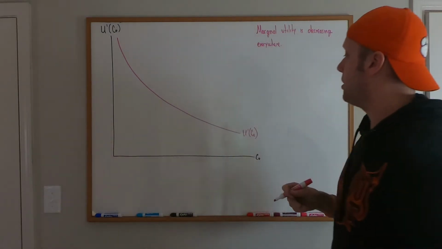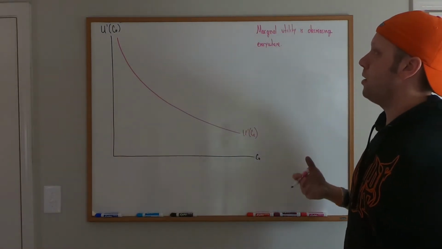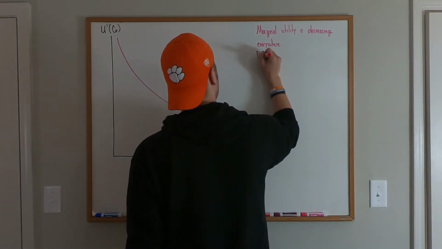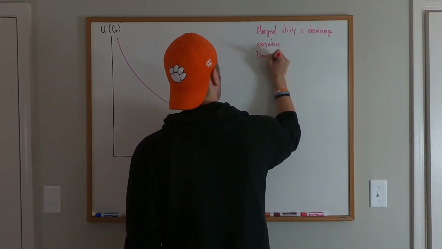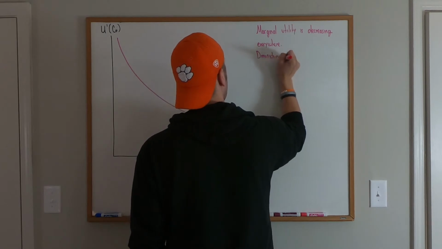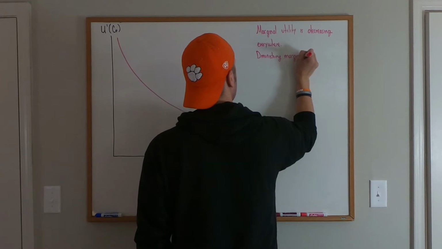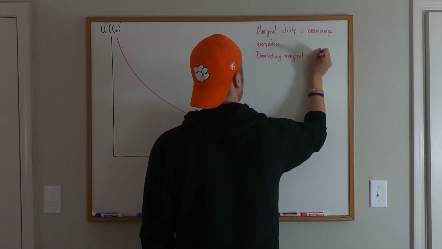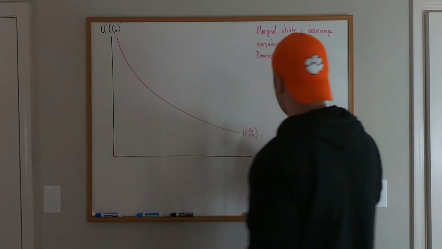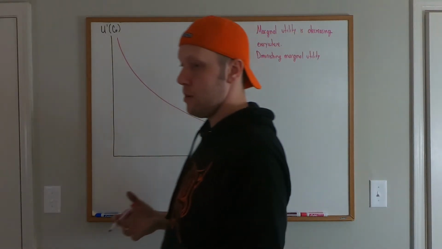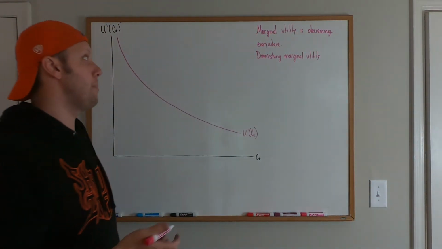Why is marginal utility decreasing everywhere? Well, as I'm sure you remember hearing from principles of micro, diminishing marginal utility. The more we consume at the level, the happier we get.